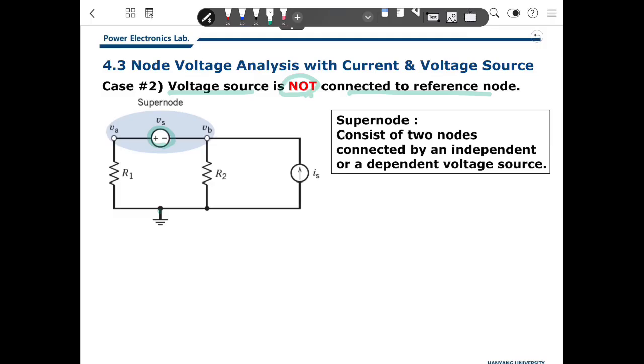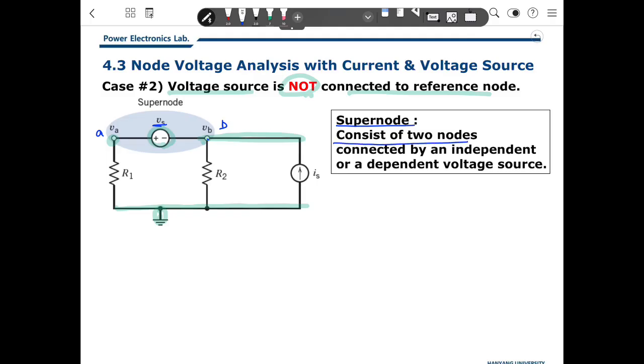How many nodes are there? This is node 1, node 2, and the third node. There are 3 nodes in the system, and we choose ground as the reference node here. The remaining nodes are A and B, and nodes A and B are connected by the voltage source Vs. So in this case, we choose the supernode.